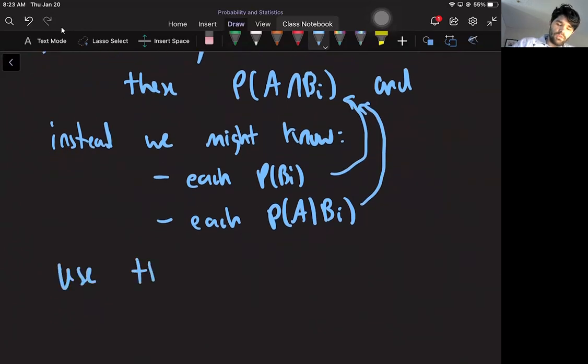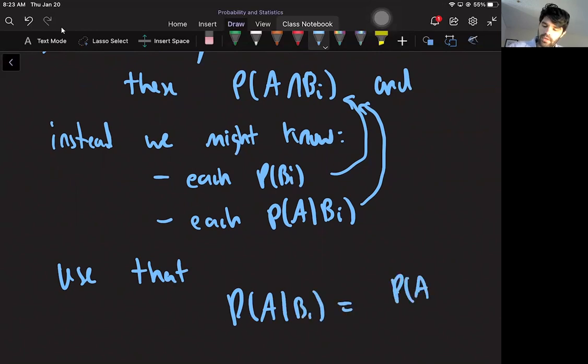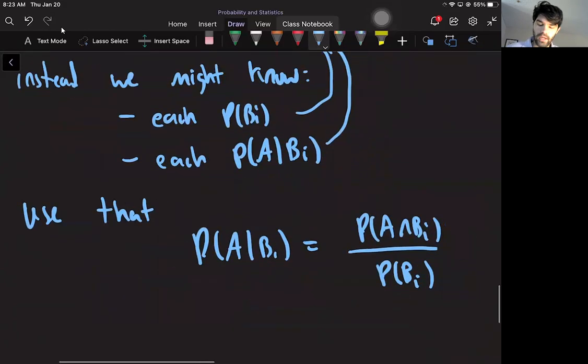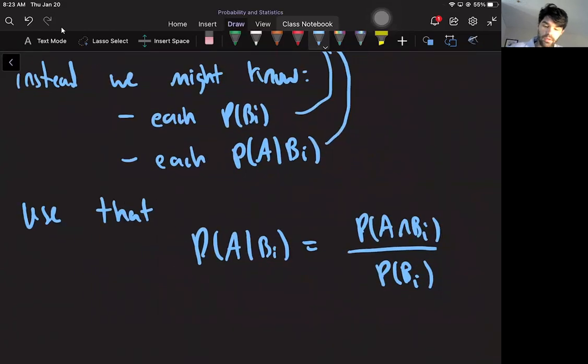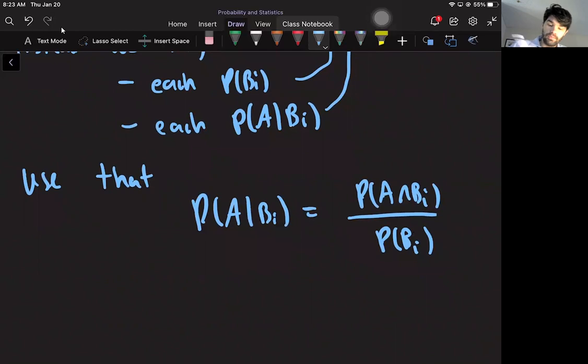So then use that the probability of the conditional A given B is the probability of the intersection. So how much of A is inside of the B divided by the probability of the Bi. And then we're going to multiply over. So just multiply that up.